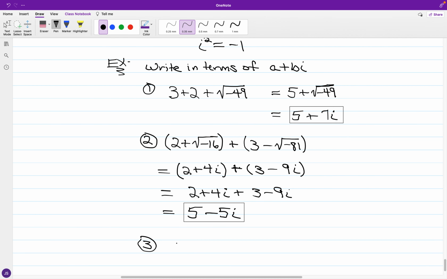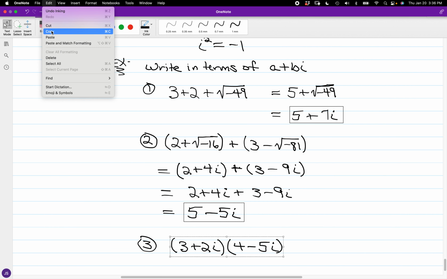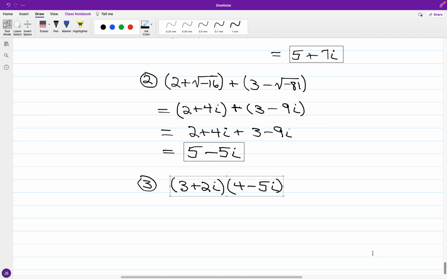But let's say you're looking at multiplying complex numbers. So you have 3 plus 2i times the quantity 4 minus 5i. Okay, so we got the quantity 3 plus 2i times 4 minus 5i.